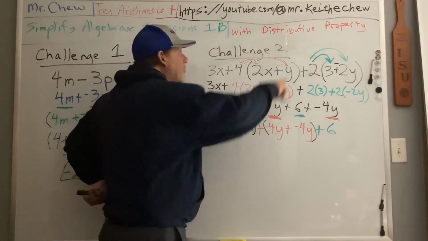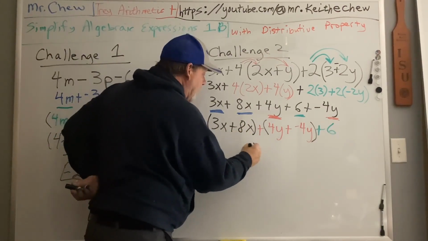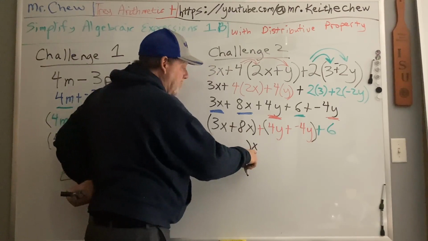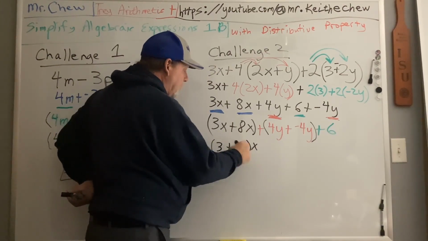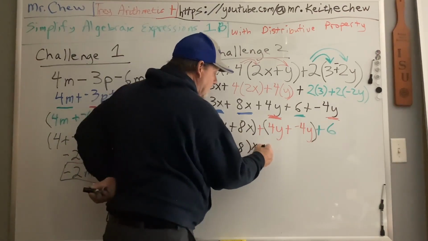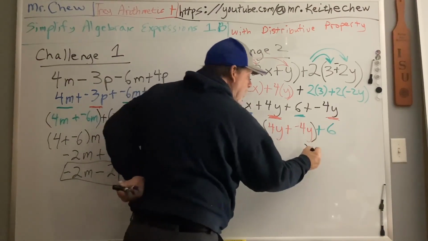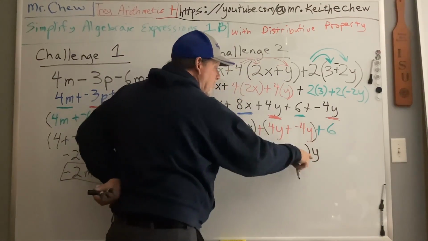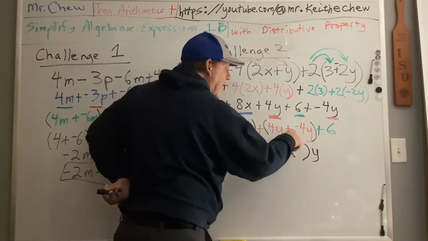So we reverse our distributive property by saying, what do they have in common? They both have an x. What do you multiply by x to get 3x? 3. What do you multiply by x to get 8x? 8. What do they have in common? A y. What do you multiply by y to get 4y? A 4. What do you multiply by y to get negative 4y?